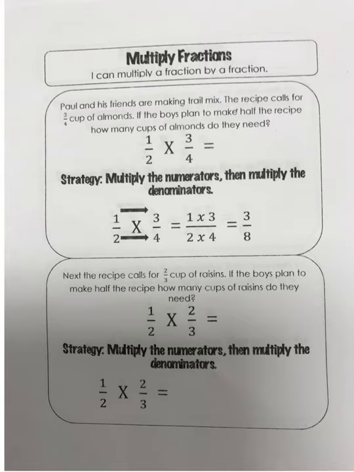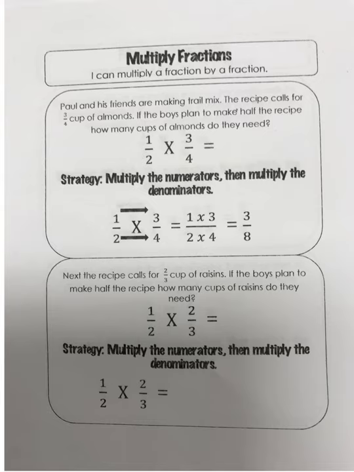It says Paul and his friends are making trail mix. The recipe calls for 3/4 cups of almonds. If the boys plan to make half of that recipe, how many cups of almonds do they need? Remember, your head might go to doing 3/4 divided by 2, right? But you're going to multiply it by 1/2 instead.